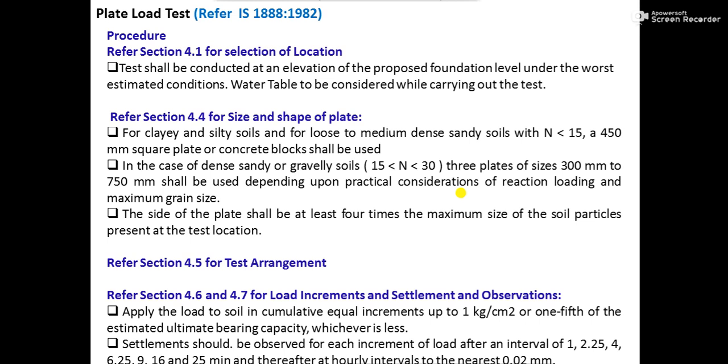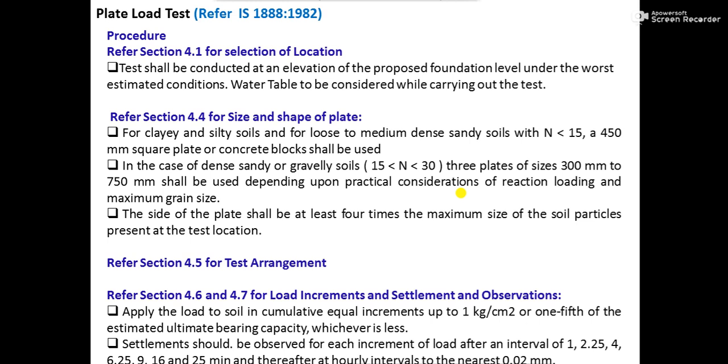millimeter square plate. Okay. In case of dense, sandy or gravelly soil, where you can expect a standard penetration value between 15 to 30, you can use a plate size of 300 to 750 millimeter, depending on the practical consideration of reaction loading and maximum grain size.